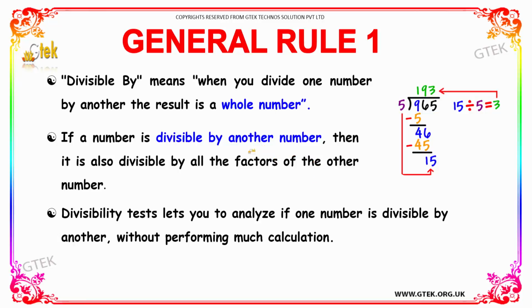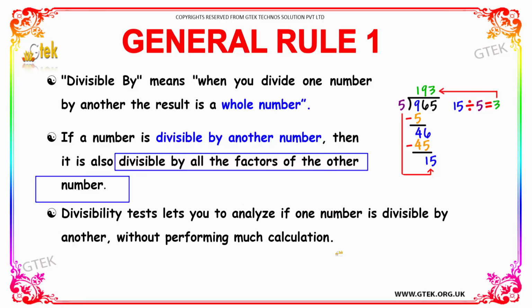If a number is divisible by another number, then it is also divisible by all the factors of the other number. That is, if 965 is divisible by 25, in that case 965 will also be divisible by 5, which is a factor of 25.